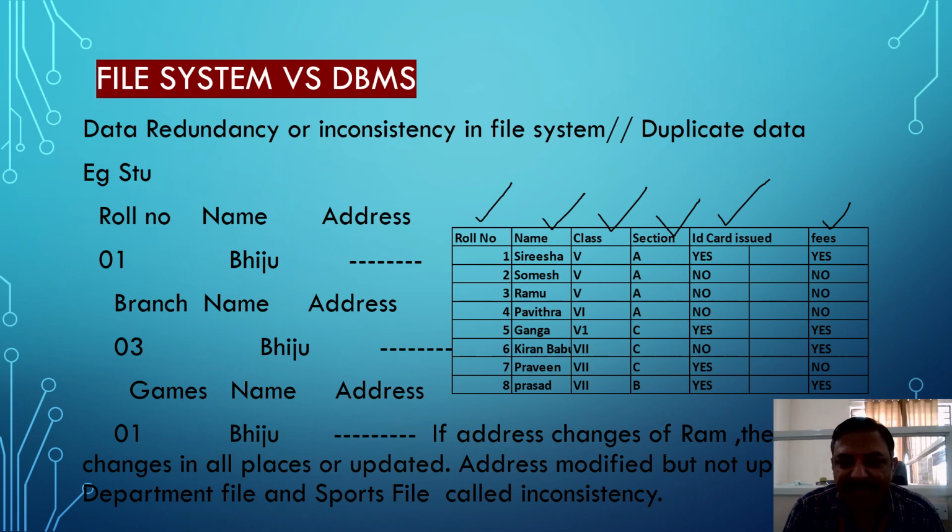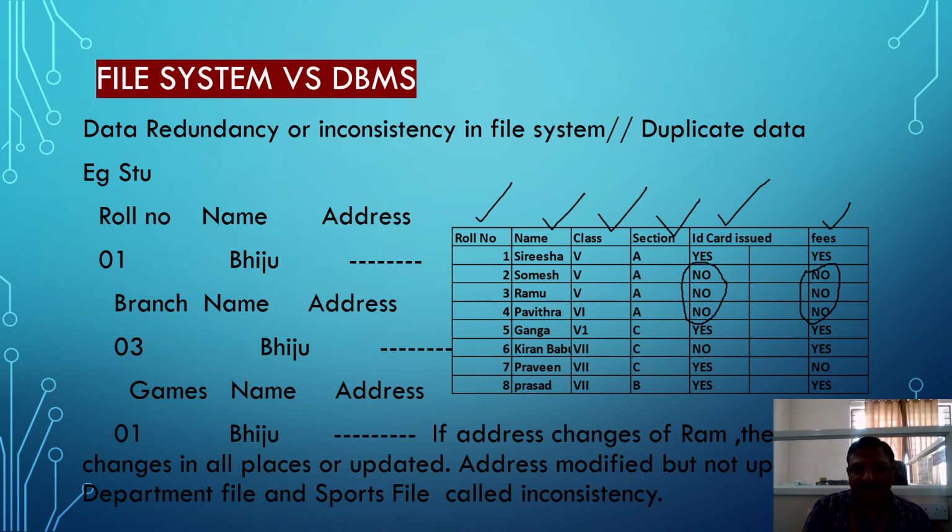The first name is Sirisha, class 5, section A. ID card issued, yes. Fees paid, yes. Second is Somesh, class 5, section A. ID card issued is no, and fees paid is also no. Now in class 6 we have Ganga, Kiran Babu, in class 7 and also sections, Praveen and Prasad.